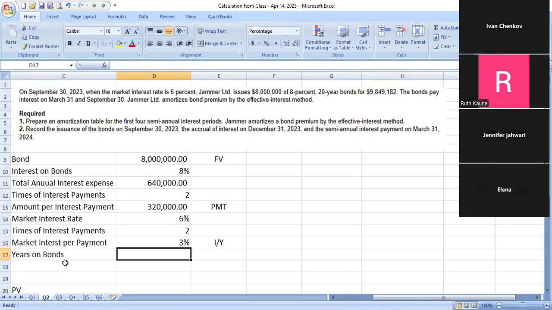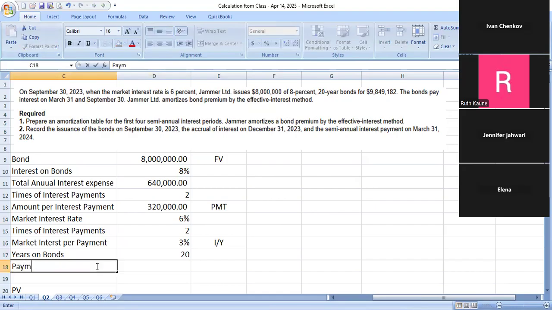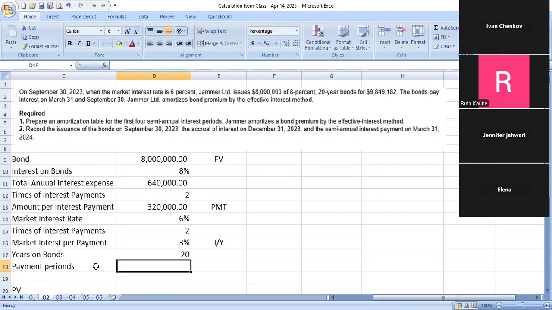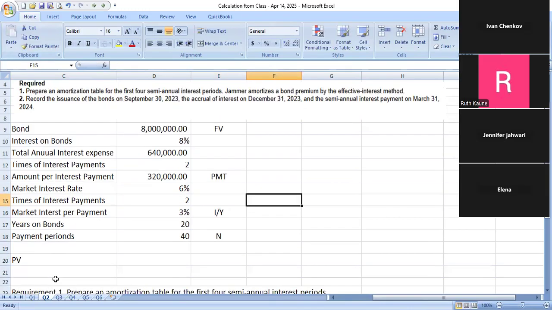How many years do we have them? 20 years, correct? And how many payments? The payment periods over the life of the bonds will be 20 times the number of payments. We're going to pay 2 times, so that will be 40. 40 payment periods will be our N. Now I can get my present value.